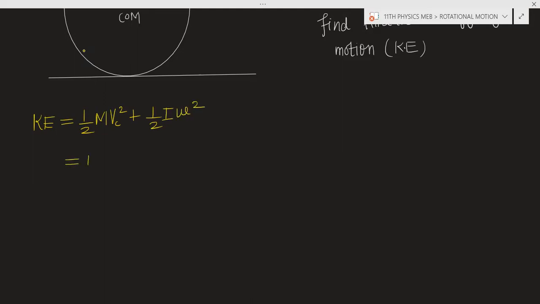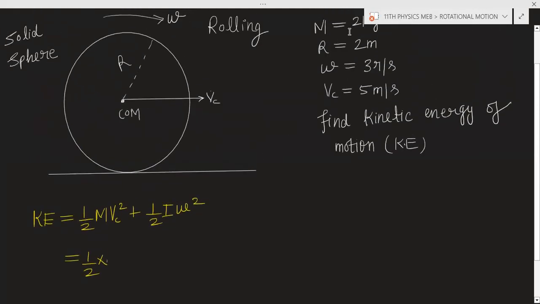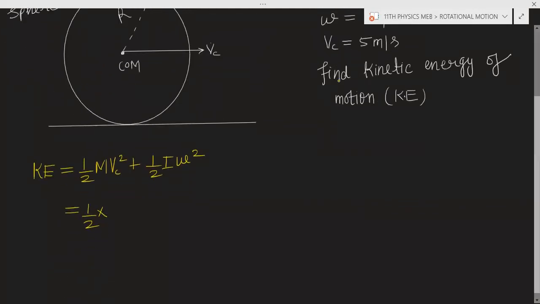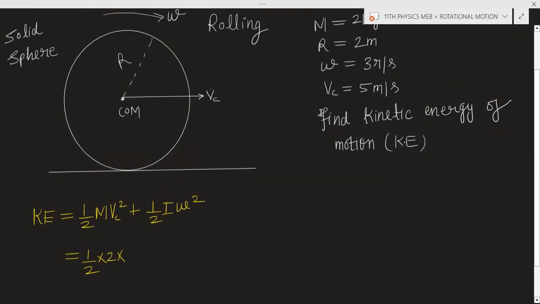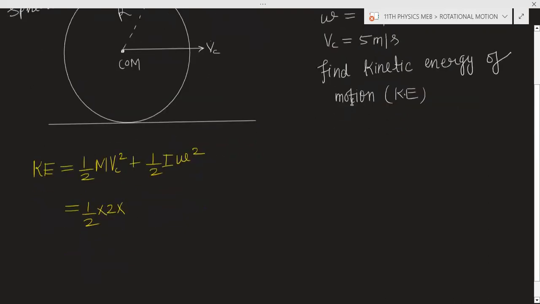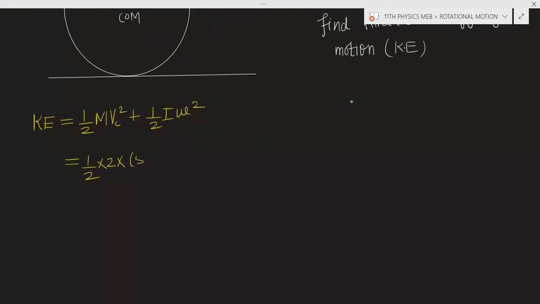Now half, mass of the sphere is 2 kg. So we will put here 2 kg multiplied by velocity of center of mass square, means 5 square, plus half multiplied by moment of inertia.